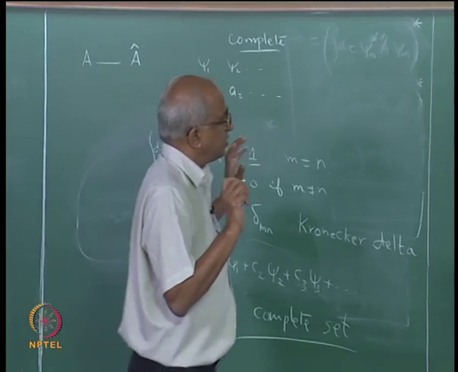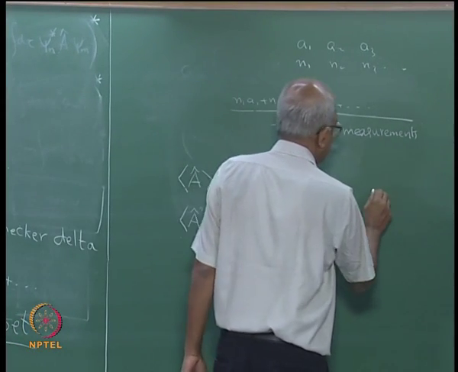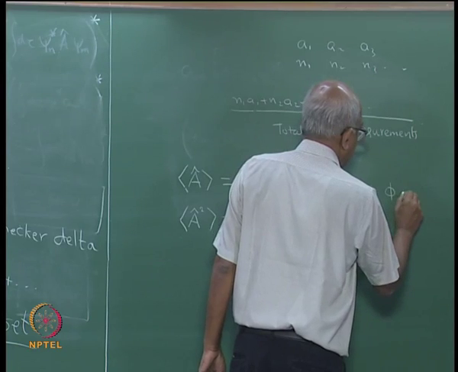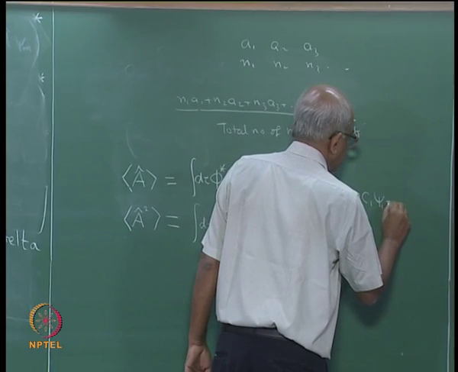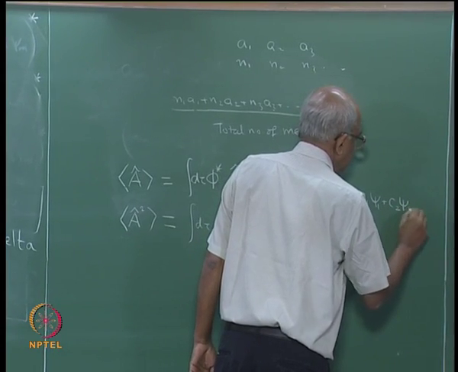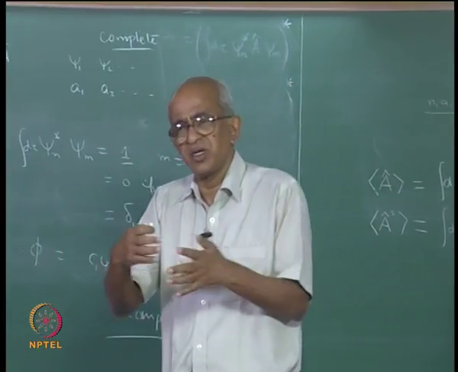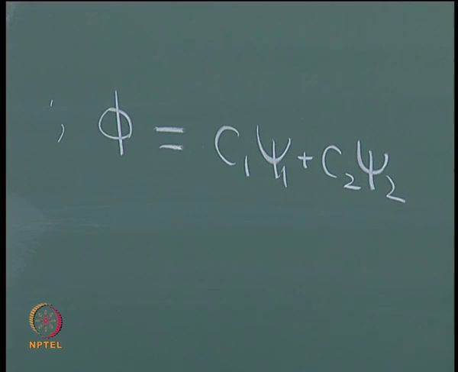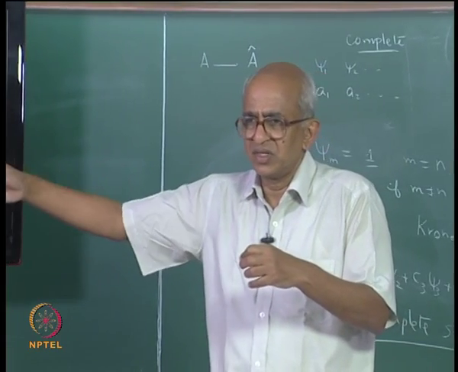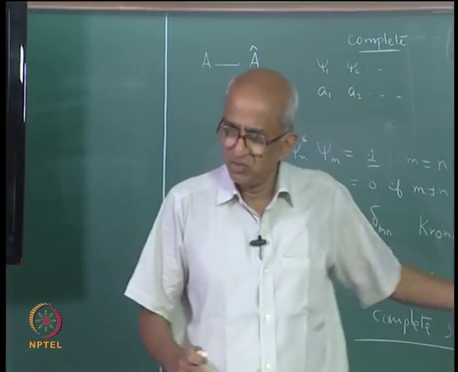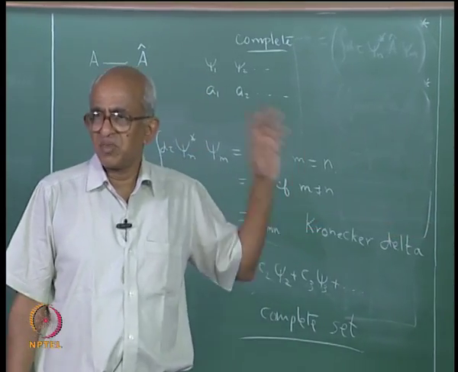Now, just to illustrate the points, suppose phi is of the form C1 psi 1 plus C2 psi 2. To work things out, I will take such a simple example and then see what happens for a general function, which may be written as a linear combination C1 psi 1 plus C2 psi 2 plus C3 psi 3, C4 psi 4, etc. But to do the calculations, it is simpler to assume that phi is given by C1 psi 1 plus C2 psi 2.